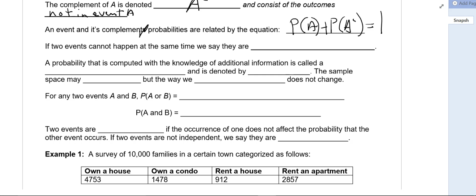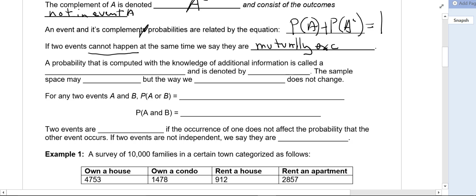If two events cannot happen at the same time, we say they are mutually exclusive.